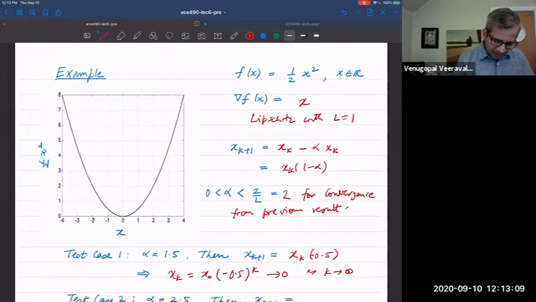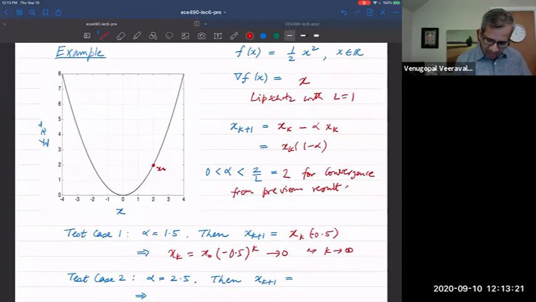Let's say we start at x0 equal to 2. Then x1 will be minus 0.5 times 2, so it'll be minus 1.